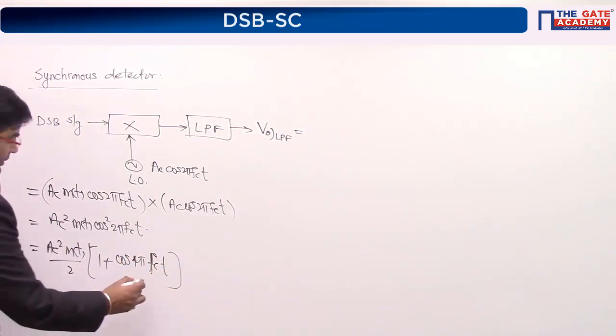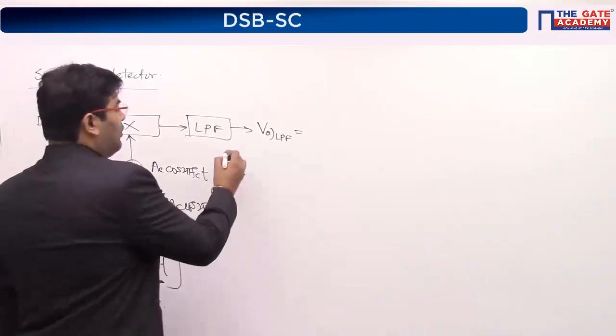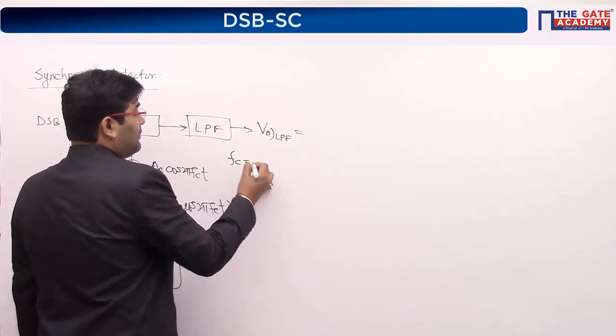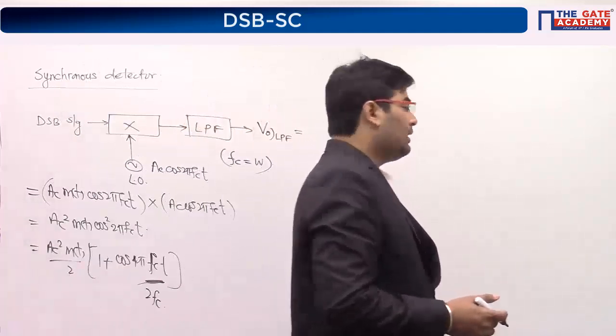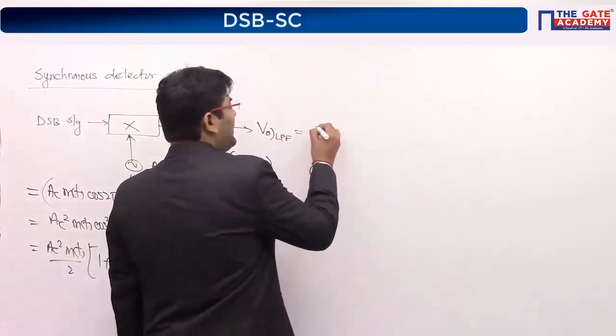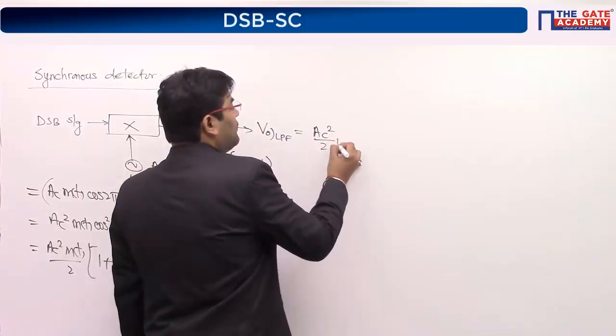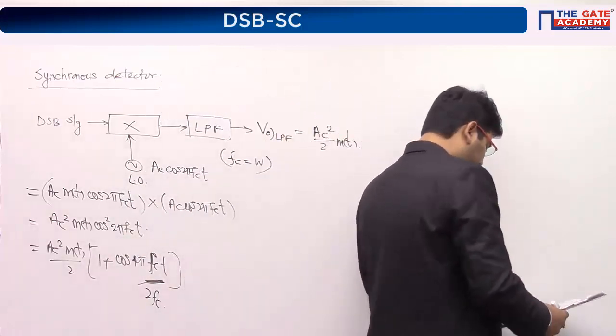You know this gives twice fc frequency, and the low pass filter cutoff frequency is W, the highest frequency component of the message. So the output will be Ac square by 2 m(t). You already know this.